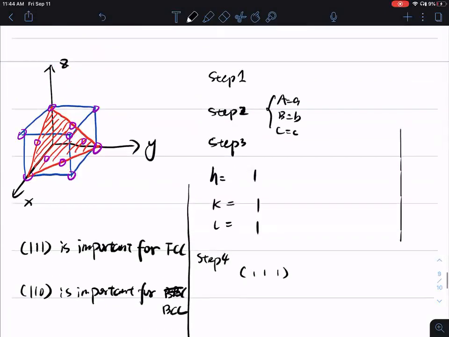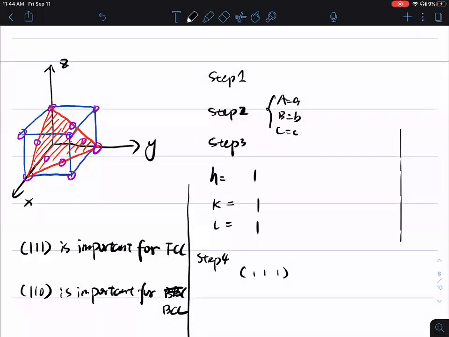Okay. Can you imagine where the plane (110) is? What does that 0 mean? 0 means there's no intercept. So l is 0.